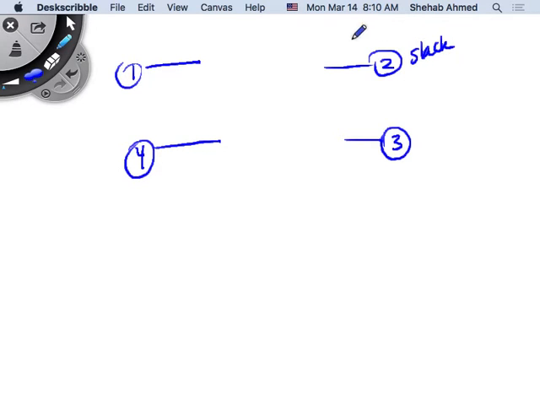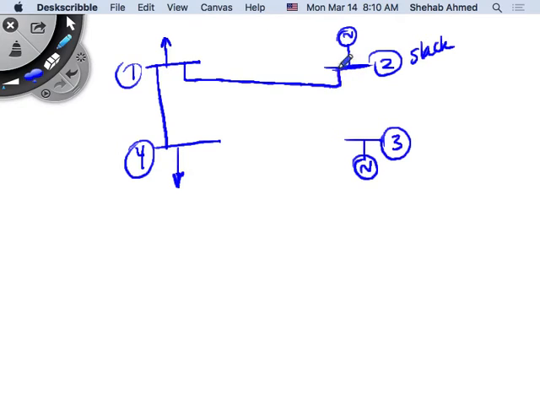So I'll call bus 2 my slack bus. So I'll have my generator here at bus 2. And then I will have a load here, a load here, and a generator here. And I will have a line between these two here.